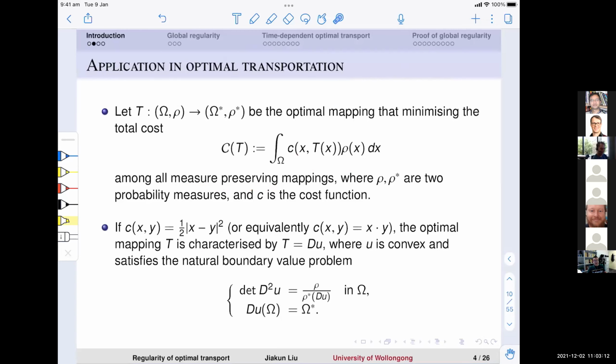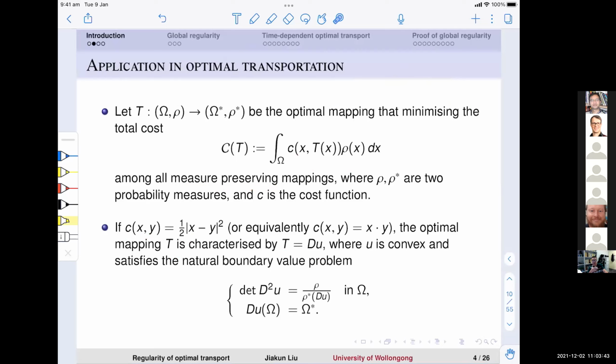In a very standard and classical situation, we assume the cost function c(x,y) is the quadratic cost function. That means how much it costs to transport from x to y is given exactly by |x minus y|^2, the Euclidean distance squared. In this classical case, we already know the optimal mapping T is given by the gradient of some function u, which is the potential function.